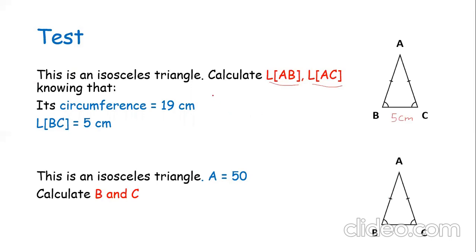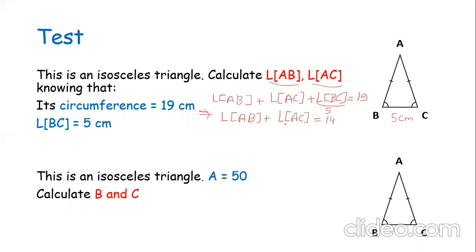So here we have the length of AB plus the length of AC plus the length of BC is equal to 19 centimeters. We substitute the length of BC by 5. From this, we conclude that the length of AB plus the length of AC equals 14.